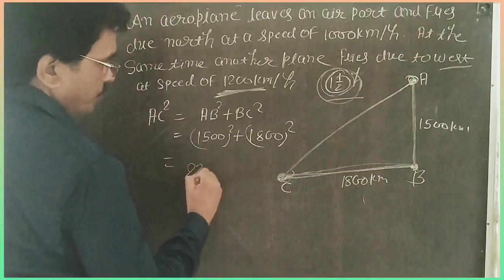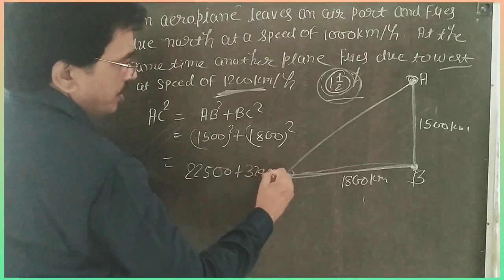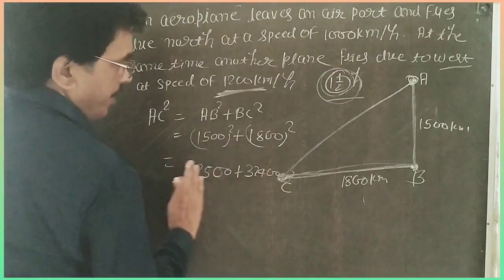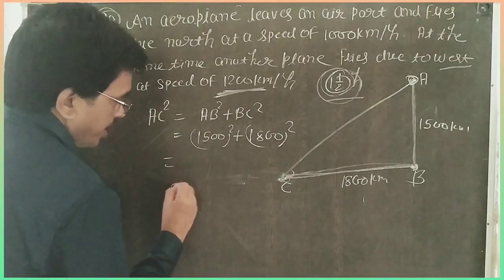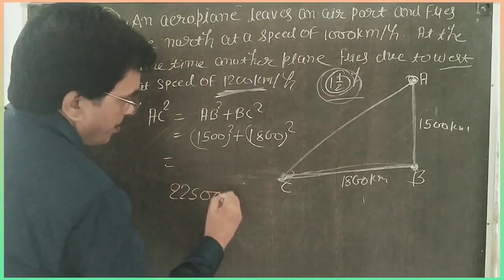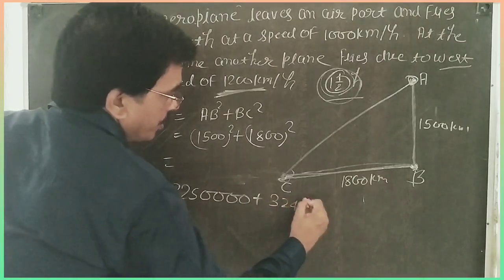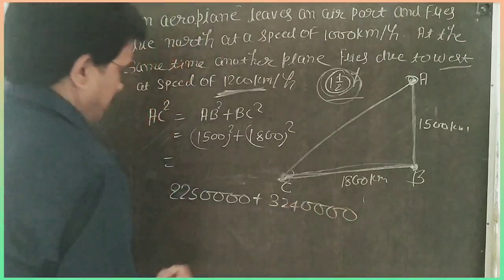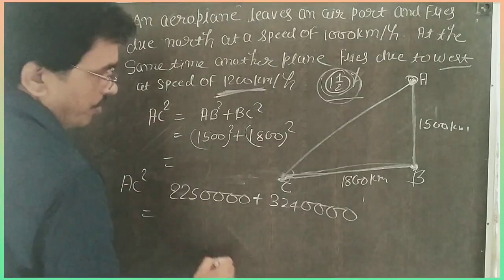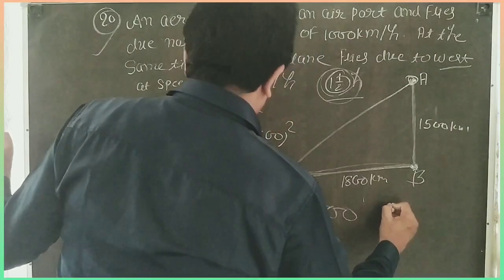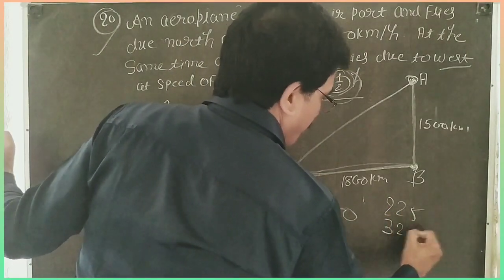So it is 22500, and it is 32400. Write here 1500, that is 225, and here it is 324, and this is AC square. Add it, what do you get? 225 plus 324.